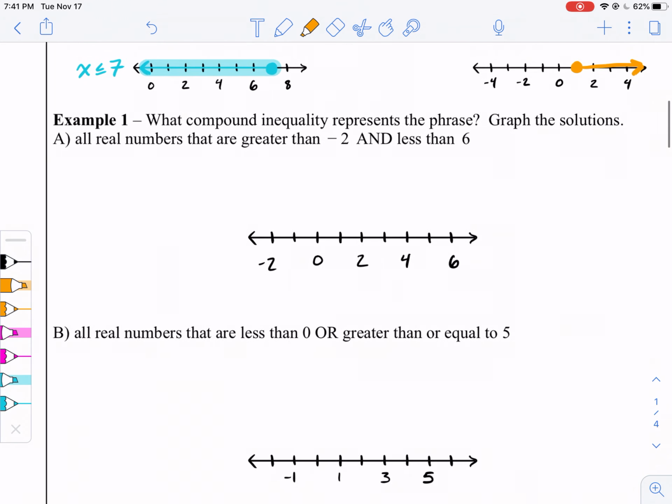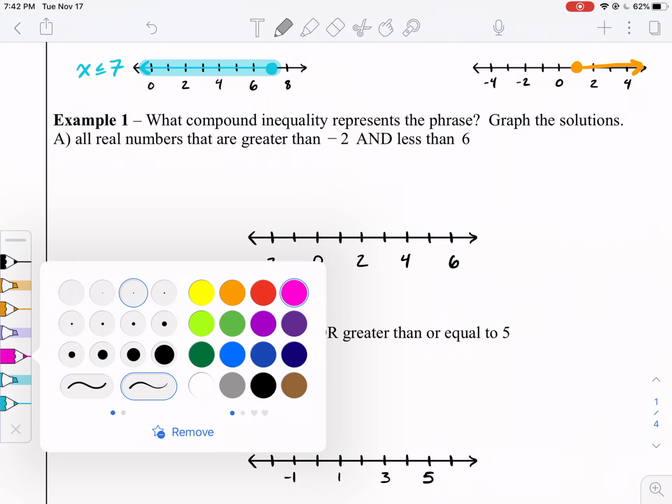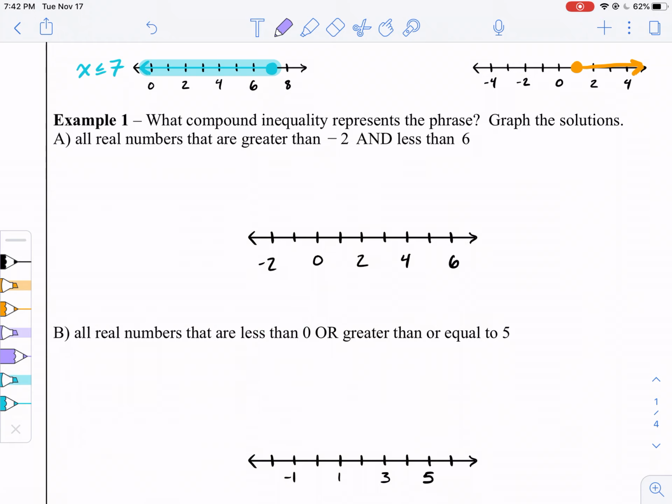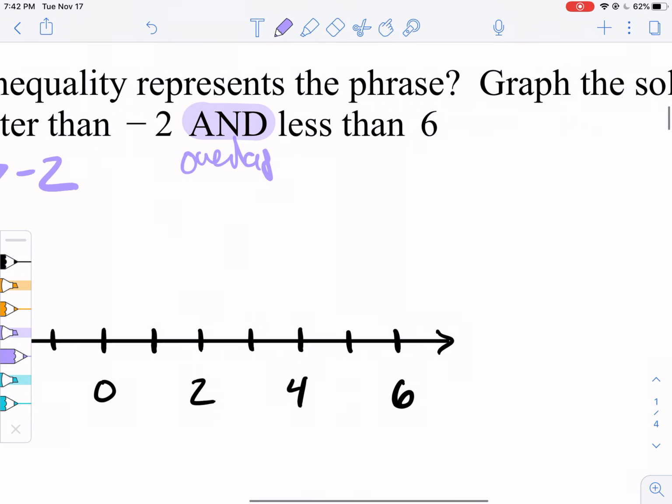Okay, so let's try it out. How would you represent all real numbers greater than -2 and less than 6? When we see this, I'm just going to make this purple from now on because you've seen how this works. So when you see "and," think overlap. So we want x is greater than -2 and x is less than 6.